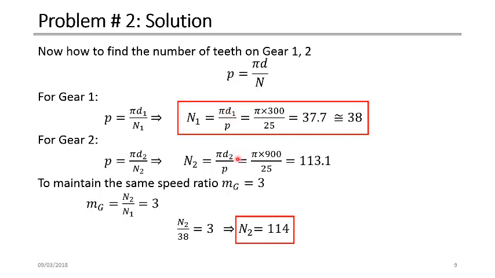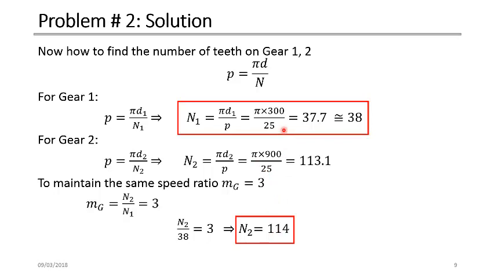So we need to find the diameter again, the exact D1 for now. And then we need to do the same here because N2 is equal to 114. So if N2 here is equal to 114 rather than 113.1, and we cannot change P, the circular pitch, we must change the diameter. The diameter is not fixed. We are just trying to find the diameter. So it's 900, but we need to find the exact diameter D2 so that when we multiply it by pi and divide by 25, we get 114.